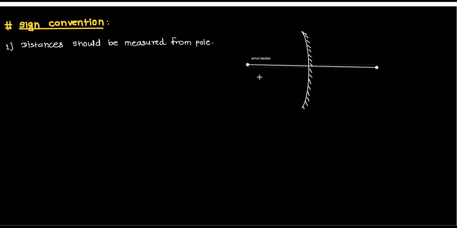This point is the pole of the mirror. This one is F, and this one is the center of curvature. Let us suppose this is the light direction. This side light is falling. So distances should be measured from the pole.